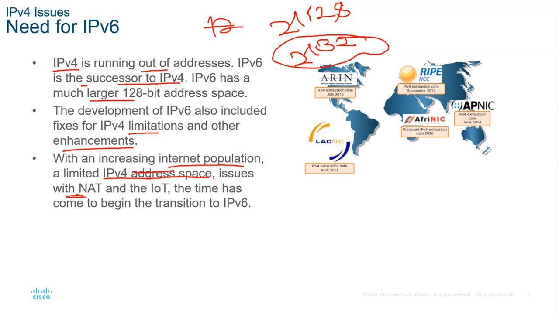So they come into that category of Internet of Things. Then time has come to begin the transition to IPv6, because it has enough address space.